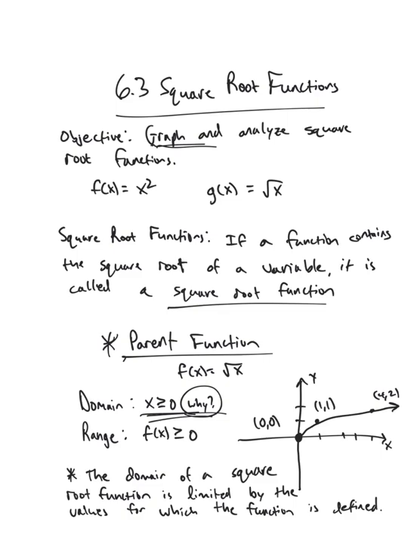So let me add a page here. So we got a parent function here, centered at 0, 0, and kind of goes up and to the right from there. So, okay, and don't need to write this down. I want to do it for kind of a highlight here. So if I had this parent function, well, what if I put a -1 out in front of my square root? Okay, well, I'd still have a point at 0, 0. Then I would have points at 1, -1, and 4, -2.